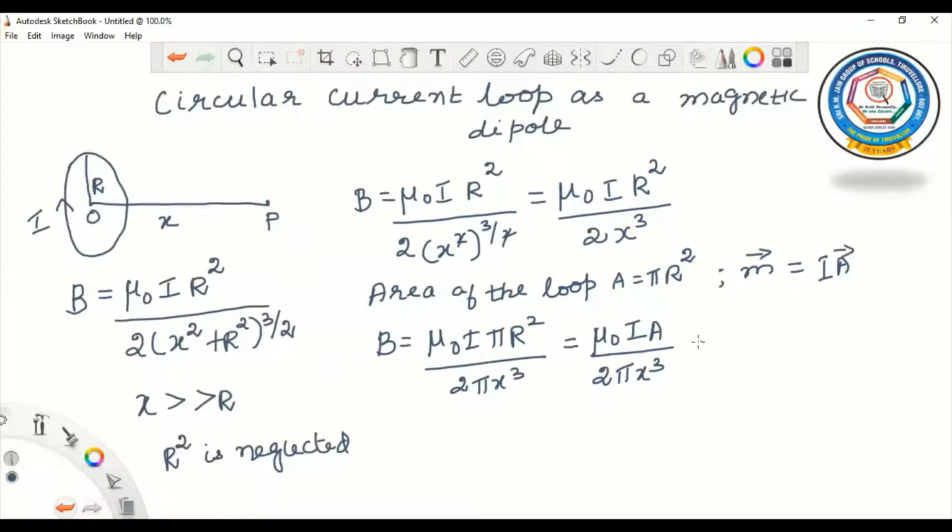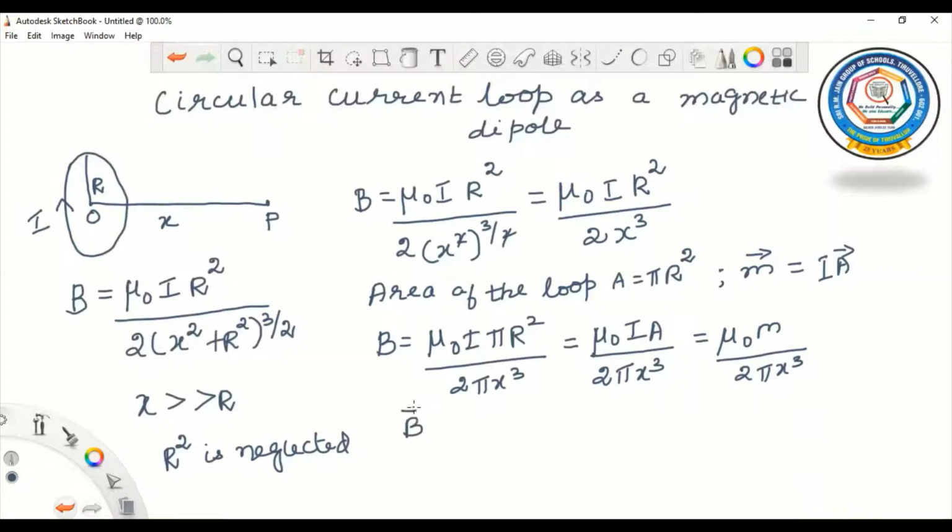So I am going to replace this by M. So what will I get here? Mu naught M divided by 2 pi x cube, where M is a vector quantity. I will write it here in vector form.